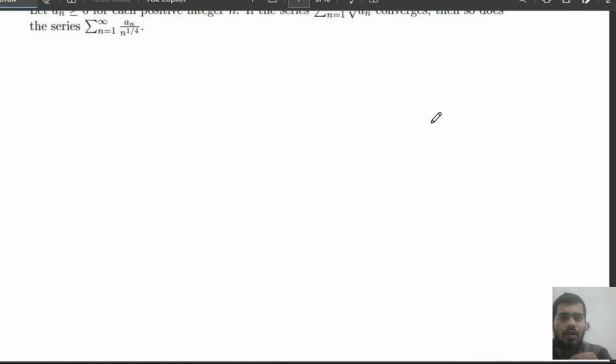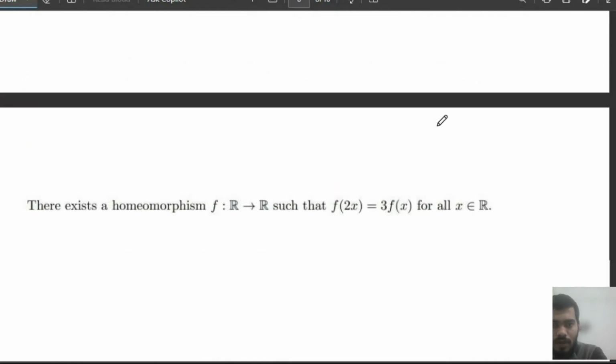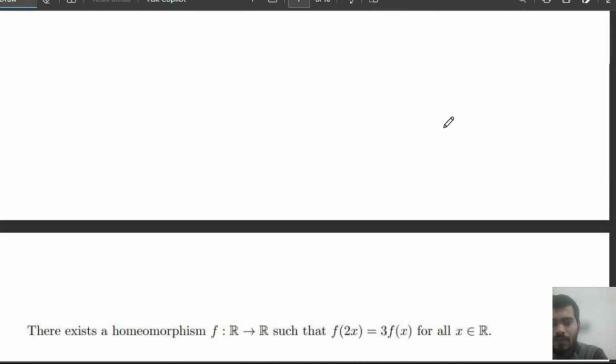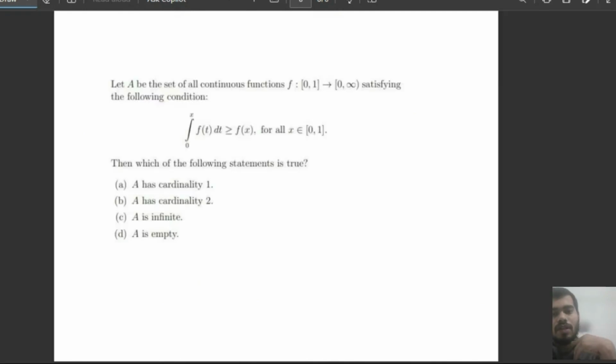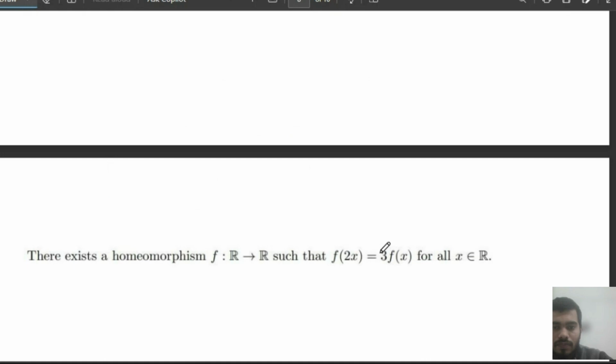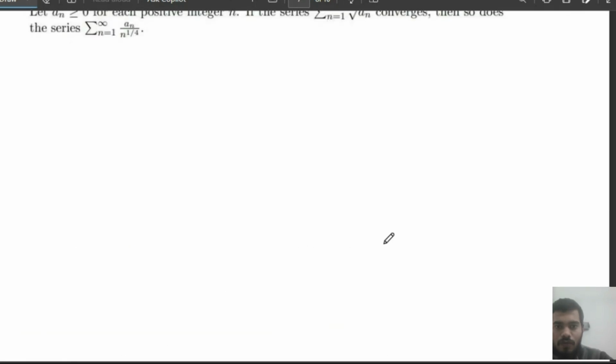This is not a very hard problem. Let me see how many problems I'm left with. 1, 2, 3, 4. Okay. Actually, I have a set of MCQs also that are left to do. So maybe I will leave 1 or 2 problems for you people.